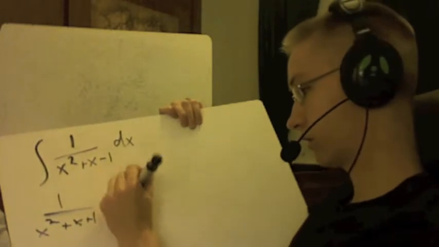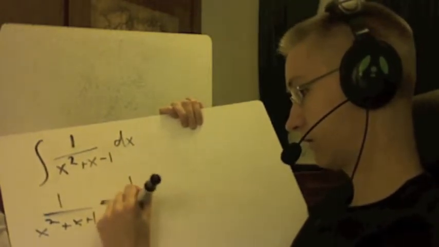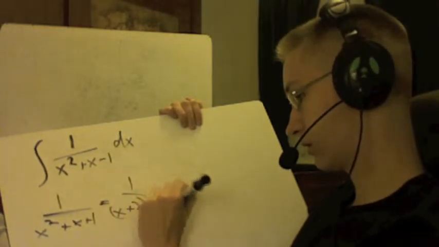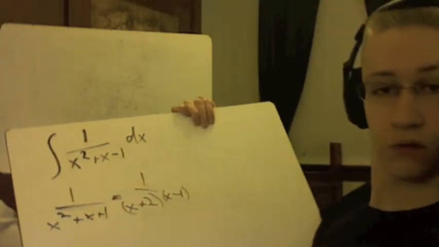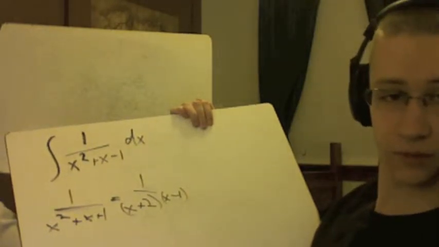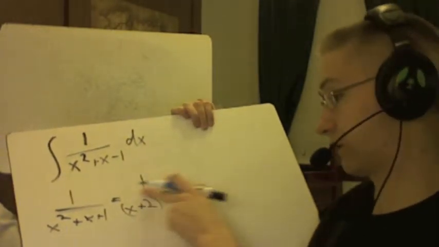This one can be factored, I believe, to two binomials. Let me check that. x plus 2 and x minus 1. Yeah, good. That'd be embarrassing if I was wrong.